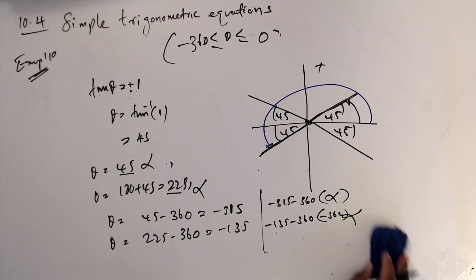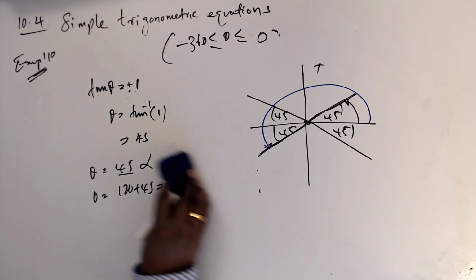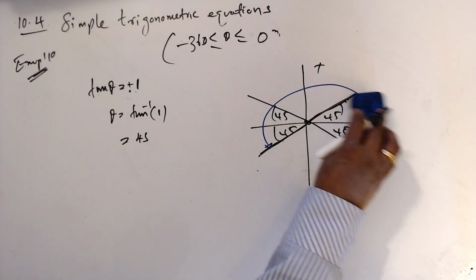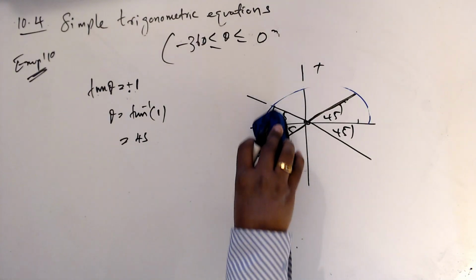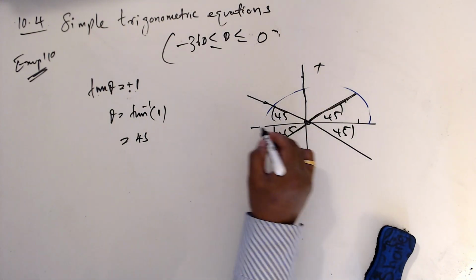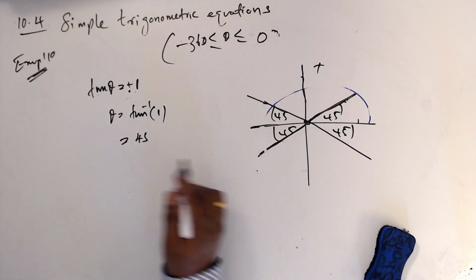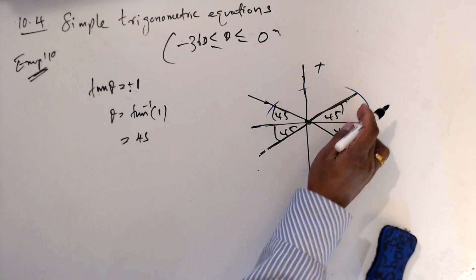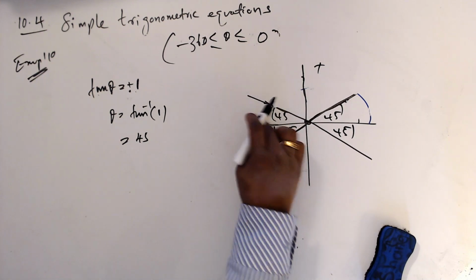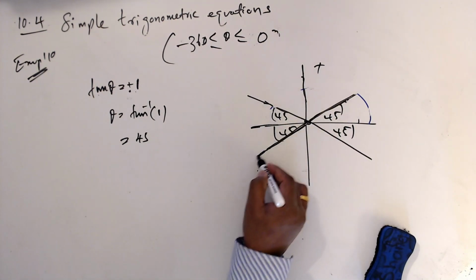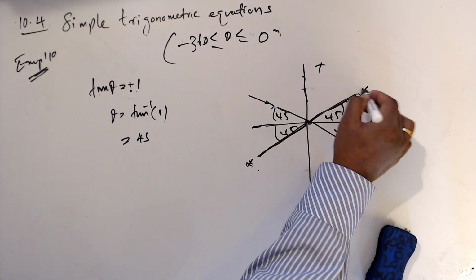Or you can do it this way. Instead of measuring, we need this structure. So we know that tan is positive in the first and third quadrants. So those are the two hypotenuses.